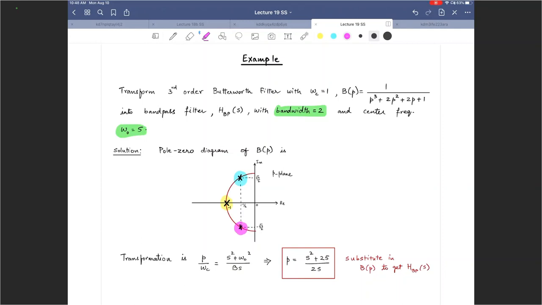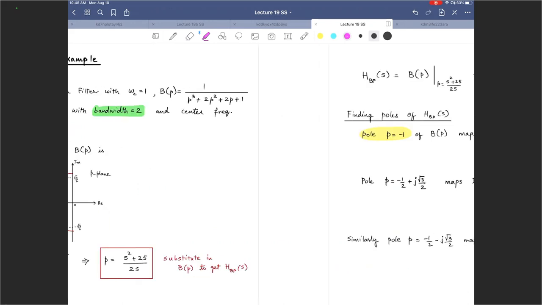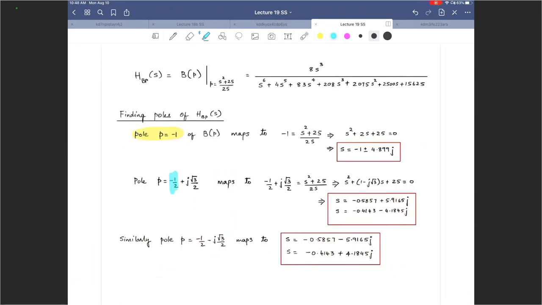I use blue here, and then I used pink for the last one. So for each of those poles, we can use the transformation equation that we had, which is P equals S squared plus 25 divided by 2S, to find the two values of S in the S plane. You will see that they all appear as complex conjugates of each other. You have two poles there, two poles there, and two poles there.